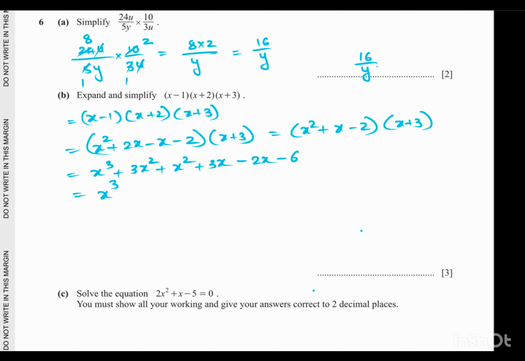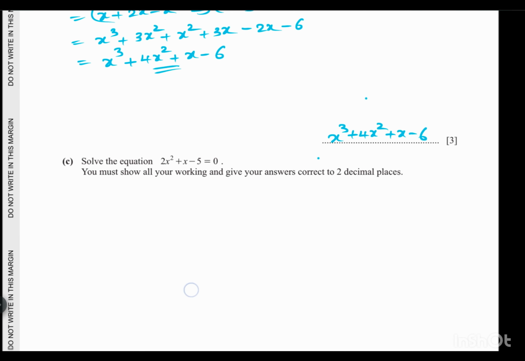So x cube, 3x square plus x square is 4x square, 3x minus 2x is plus x, and minus 6 as it is. This is the final answer: x cube plus 4x square plus x minus 6. This is the answer.